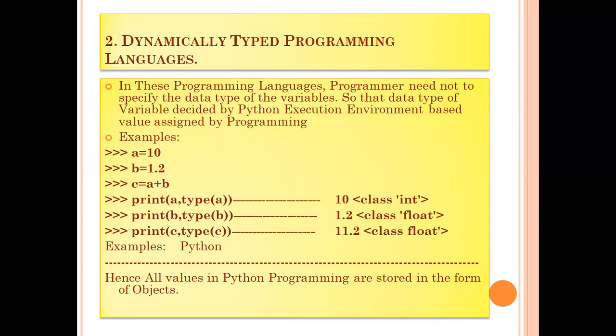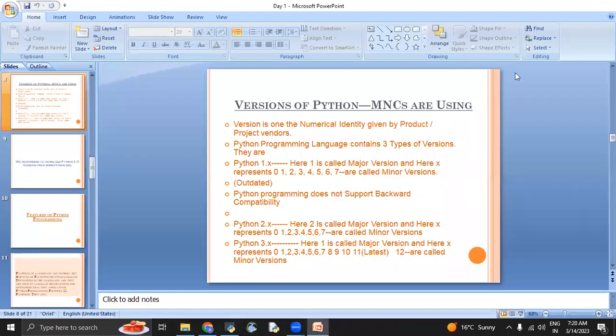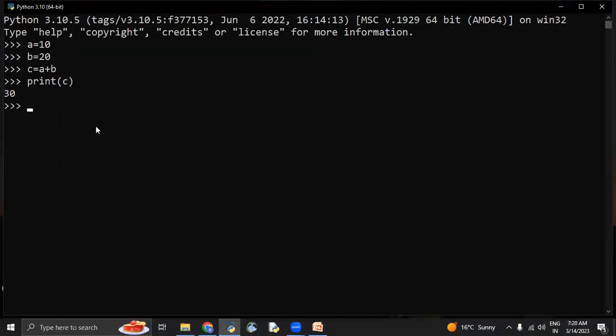Let us proceed further. Okay. Now, A is equal to 10, B is equal to 1.2, C is equal to A plus B. Now, print the type of A. What type of class is it?